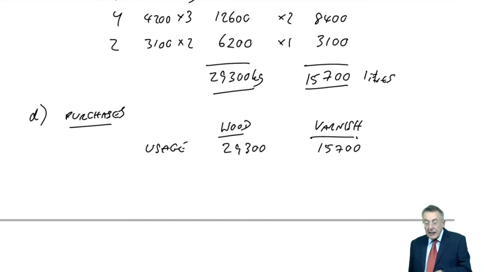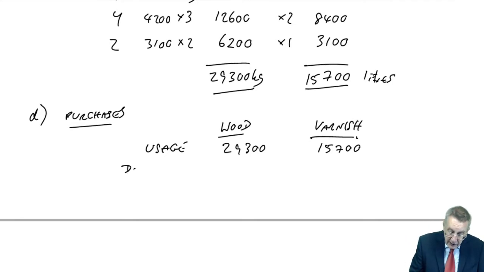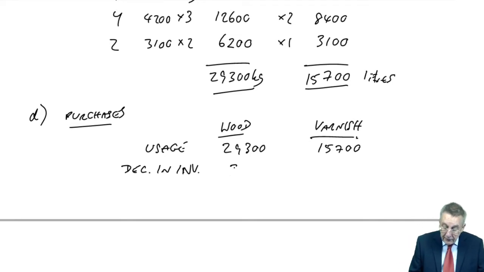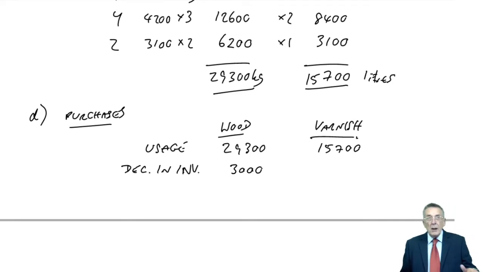We need 29,300 for our production. We've already got some in inventory, and we're going to reduce inventory, a decrease in inventory. So for wood, inventory is going to fall by 3,000.